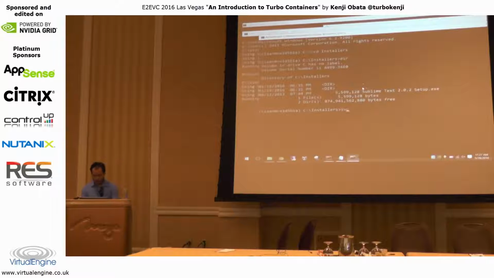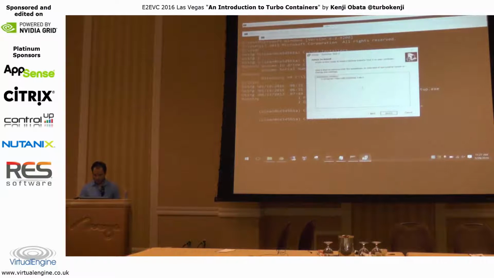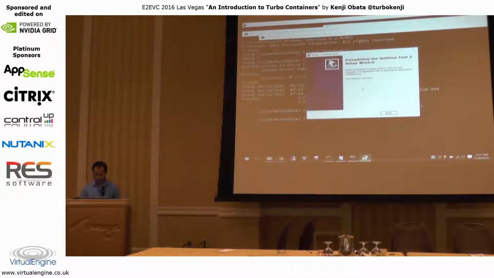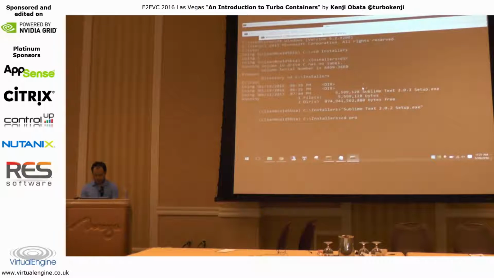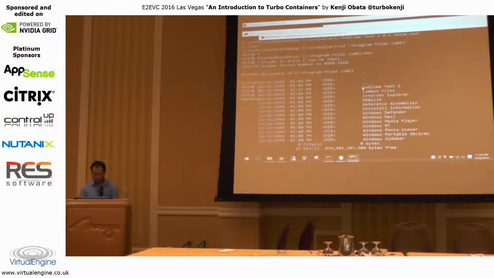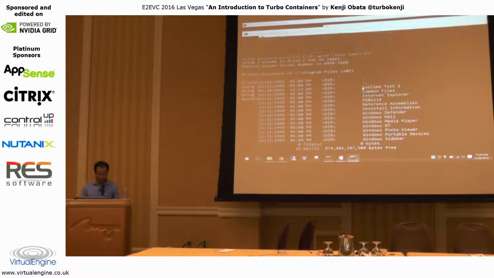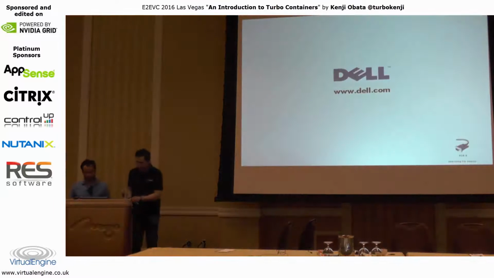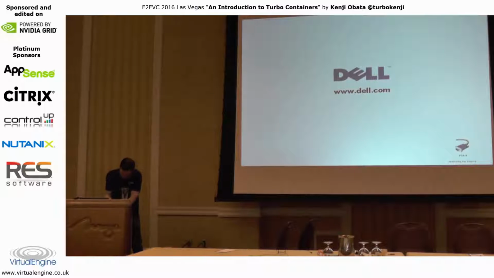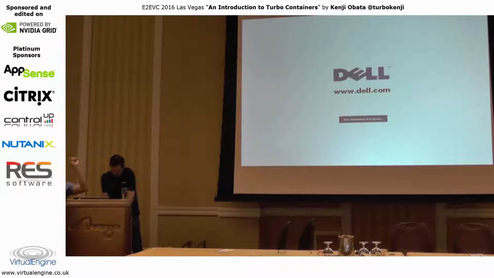Okay, so I'll go ahead and just run the Sublime. I have the Sublime installer here. So I'll just go through and run the setup. And I can go into my program files. I'm going to let that run while I talk. So I'm going to go into my program files, and using your mind's eye, you'll see Sublime Text as a directory.